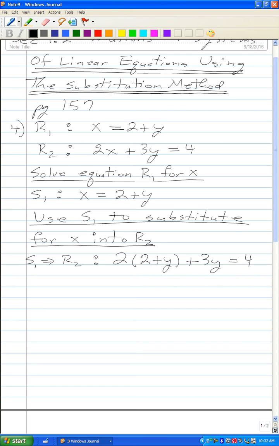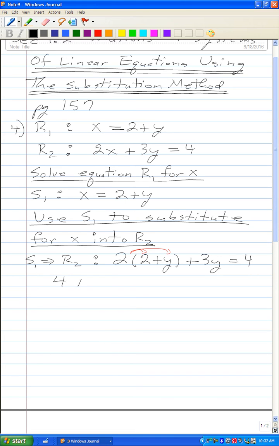So now you notice that this equation, R2, now has one less variable. In this case, it only has one variable, so I can actually solve this equation for that variable, y in this case. So first let me multiply 2 inside the parentheses.